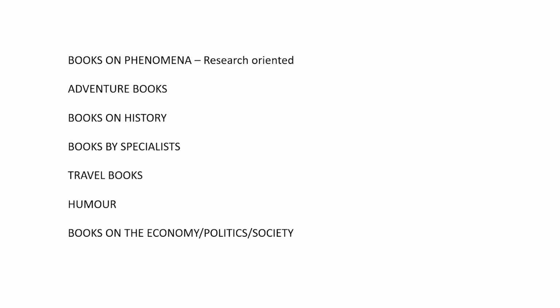Then books on history. I think this is self-explanatory. Books on history could be any era of history, and the styles would vary wildly. Again, history books are very popular.